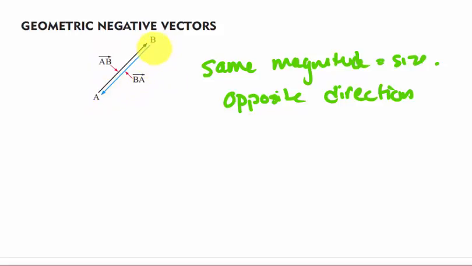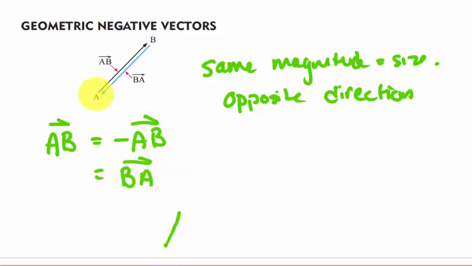Now notice that BA is in the opposite direction. So we could also say that AB is equivalent to negative AB, which is equivalent to BA. So notice that our A is where we start. Our B is where the tip of the arrow is. So we call this a tail, and we call this a tip.